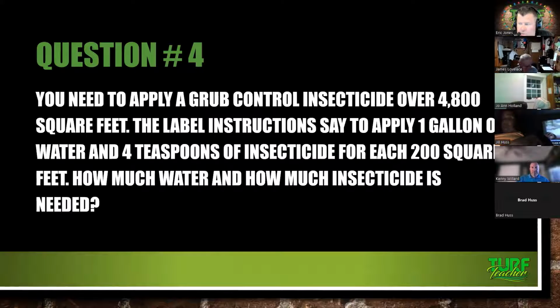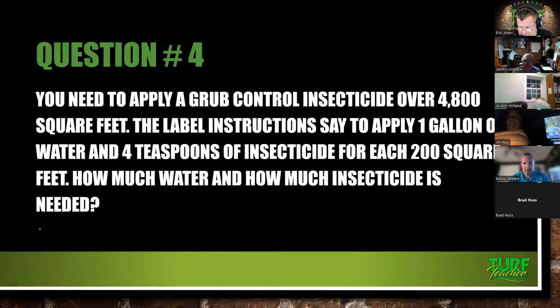Question 4, you need to apply grub control insecticide over 4,800 square feet. The label instructions say to apply 1 gallon of water and 4 teaspoons of insecticide for each 200 square feet. How much water and how much insecticide is needed? So we have 2 sections here. We're going to figure out how much water we need, and then how much product.